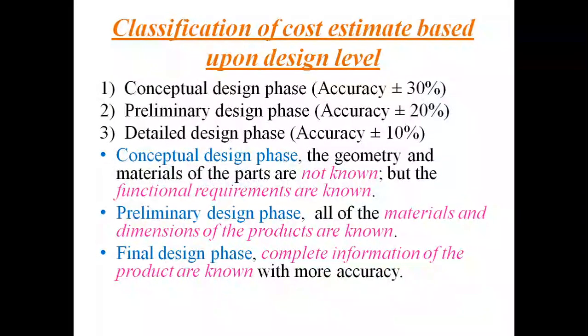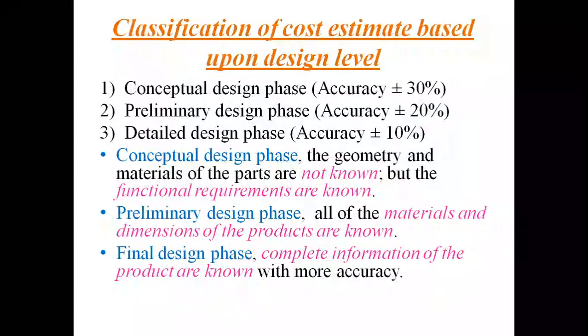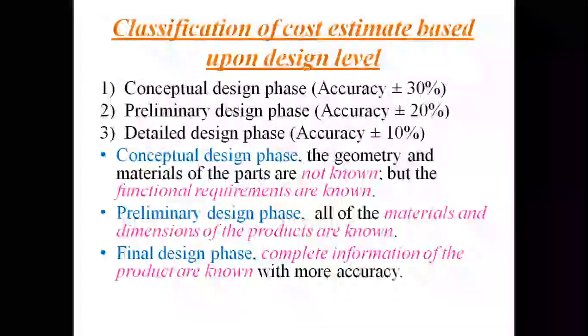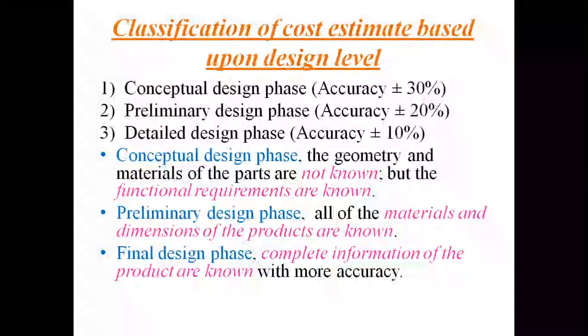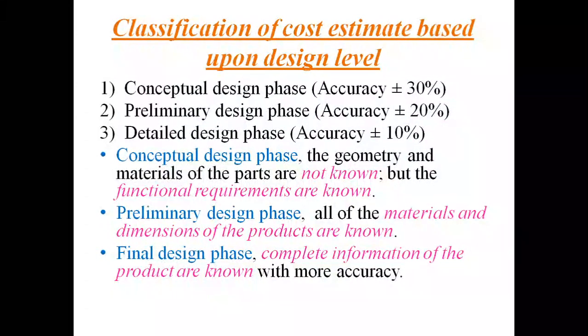And second one is preliminary design phase. The accuracy of cost estimation is plus or minus 20%. And third one is detailed design phase. The accuracy of cost estimation is plus or minus 10%.